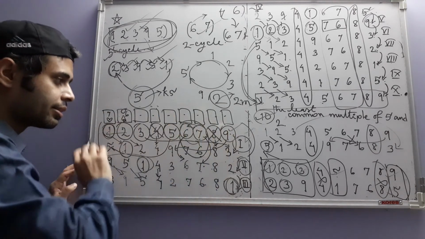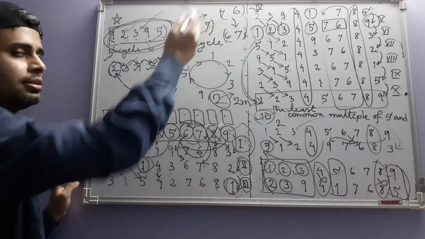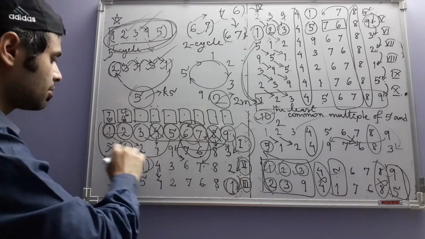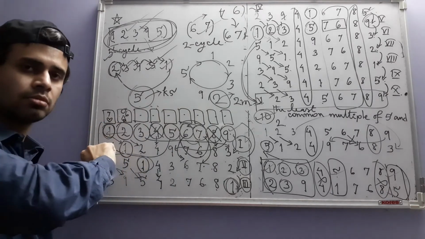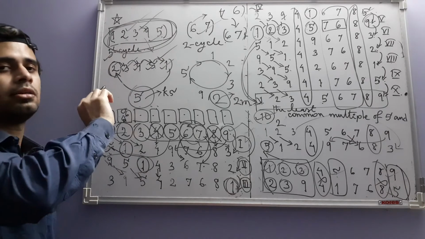Then looking at that symbol, I find these cycles, which is rather easy. You just see which one is going where, and if something is coming back to the place from where you have started, then you get one cycle.